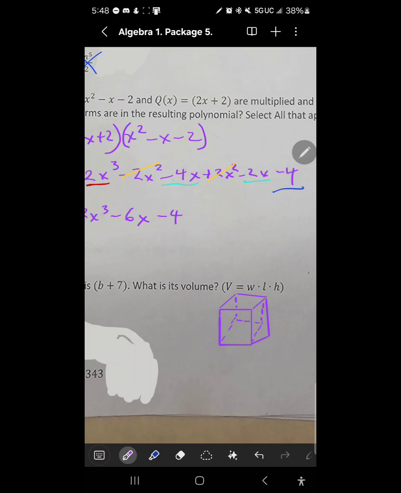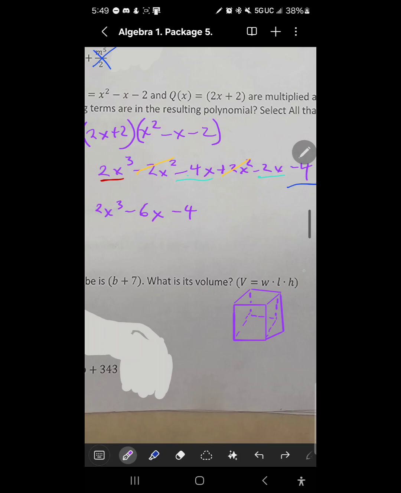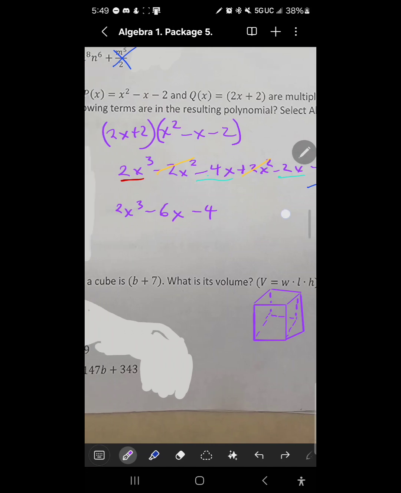Okay, this is a cube, and supposedly... I think that was fine. Okay, and the main property of a cube is that all its sides are equal. So, width, length, and height, they are all the same.